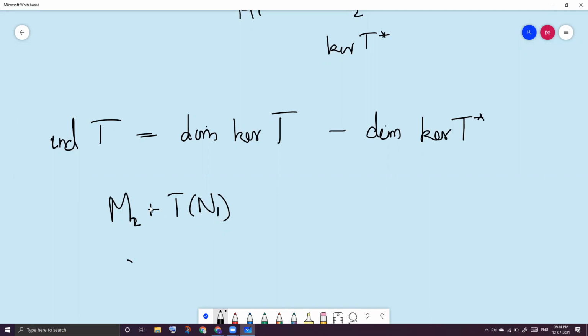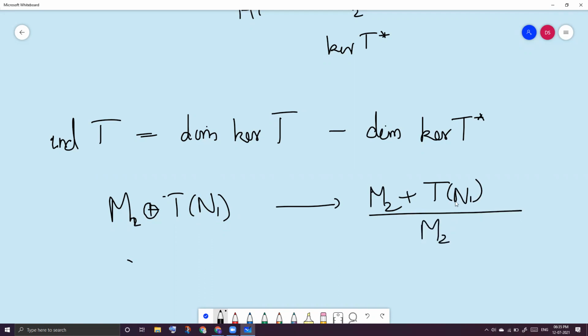So actually, this was a direct sum. There was no intersection. So what we can do is we can take the quotient by M2. Since M2 is a closed subspace, it is possible, and this will be finite dimensional. The image will be finite dimensional because T of N1 itself was finite dimensional.